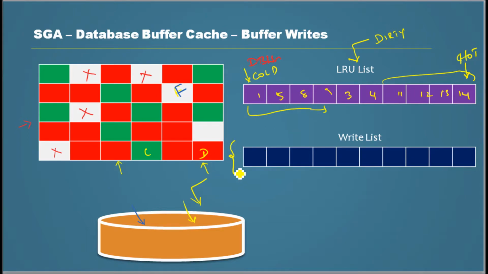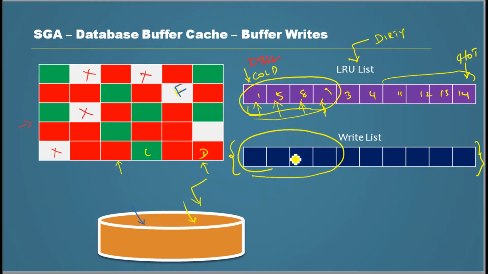You might wonder, why do I have this list? In fact, I had this list in one of the previous videos too. What happens is, instead of giving an instruction to DB writer to move these blocks here, LRU moves this list to a list called the write list, 1, 5, 8, 9, something like that.